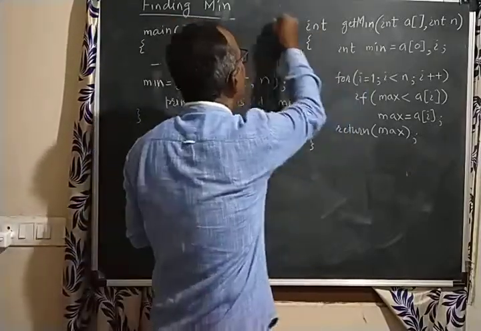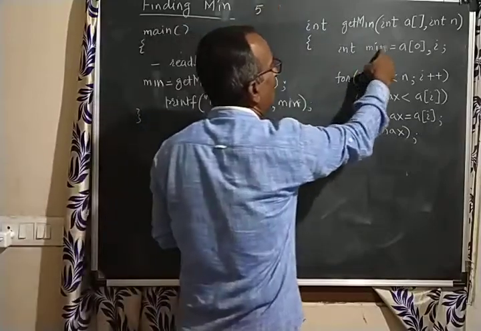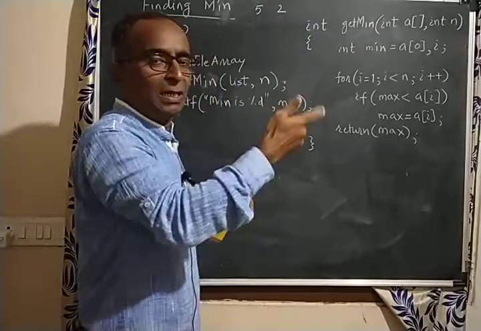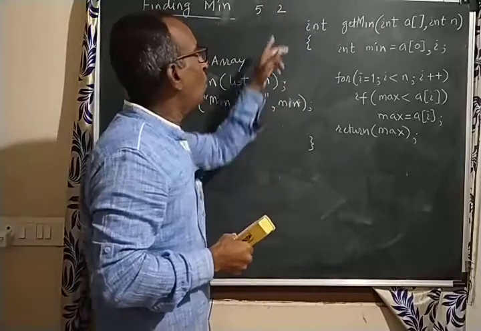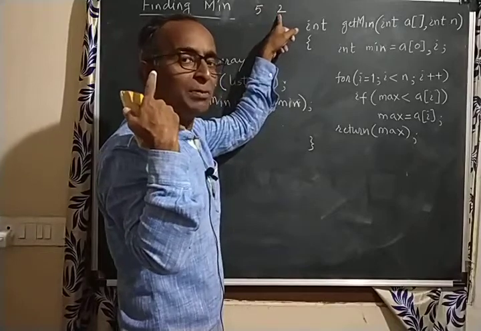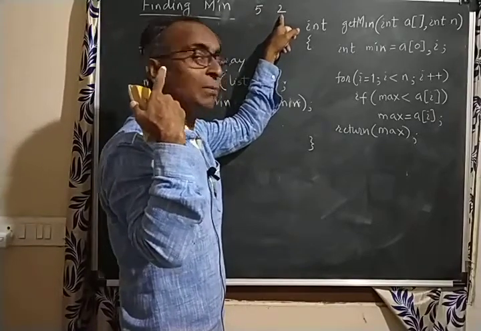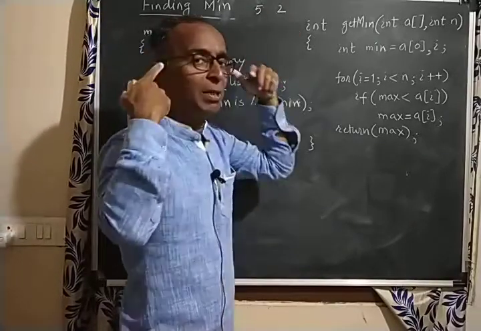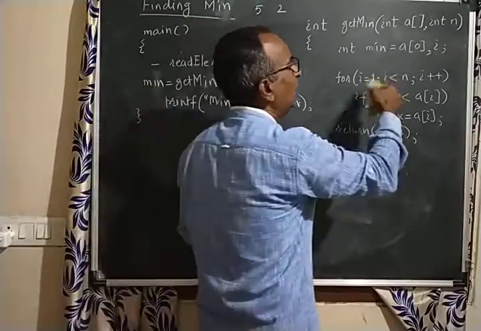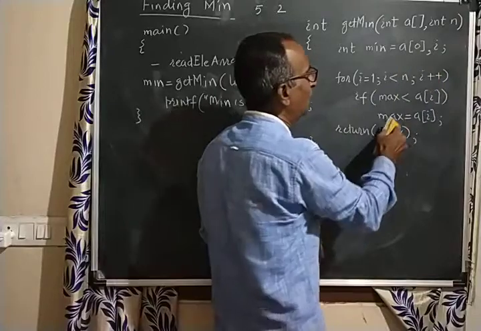Suppose the minimum is 5 currently, and the next element is 2. Now in my mind I have 5, but the next element is 2, which is smaller. So I have to change 5 to 2 in my mind. That is what we have to do for all the remaining elements.